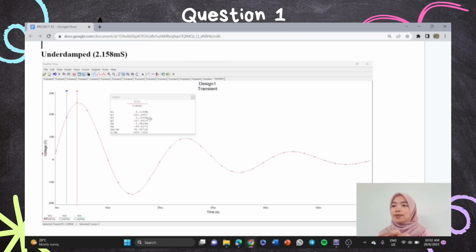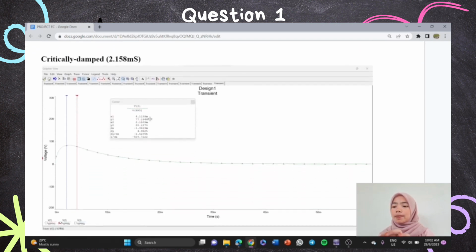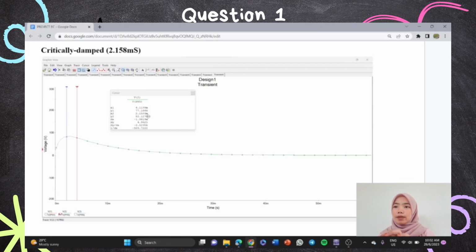milliseconds. And for the critically damped, 18% of the peak value is 82.13 volts. The time to reach 18% of the peak value of the critically damped response is 2.16 milliseconds.